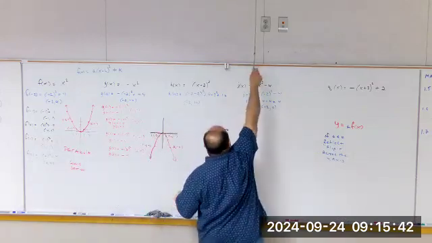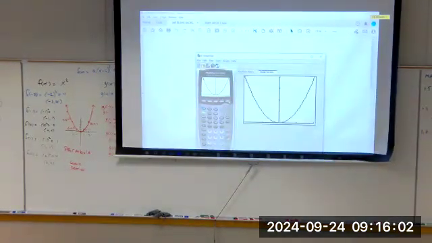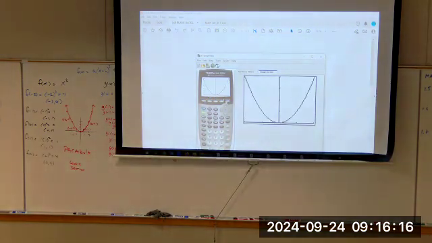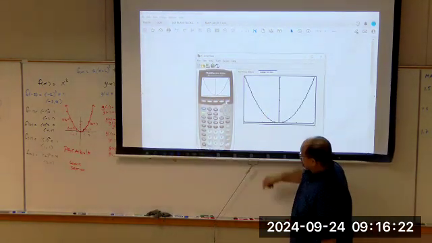Just as a quick demonstration. That's the first function. That's x squared. Y equals x squared. So right here, when x equals 1, we're at 1, 1.